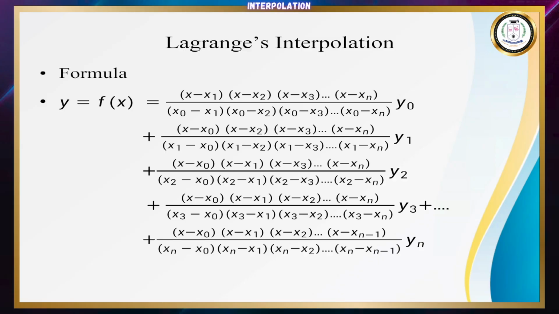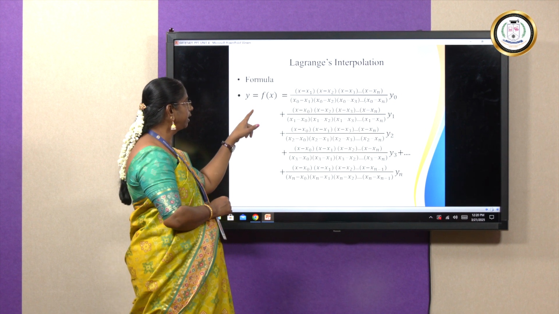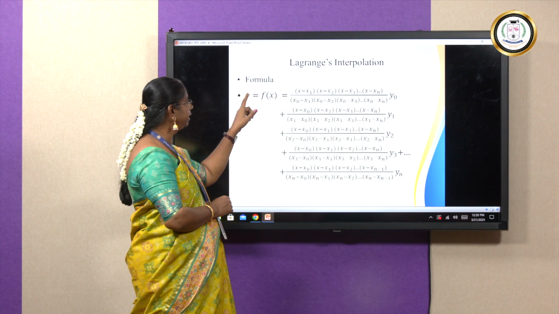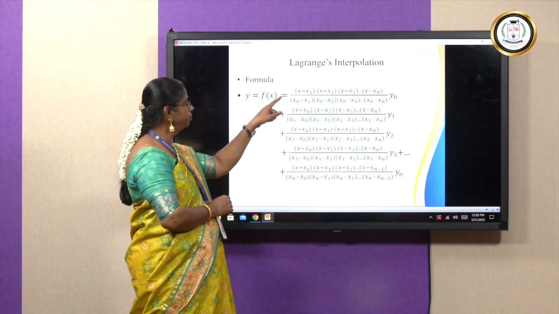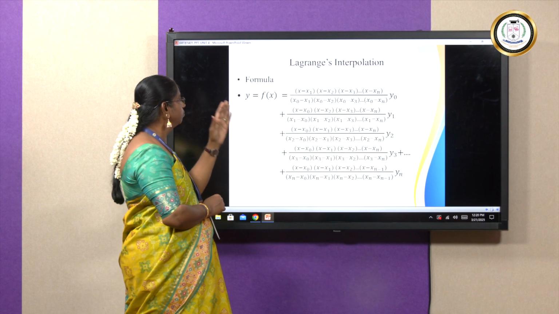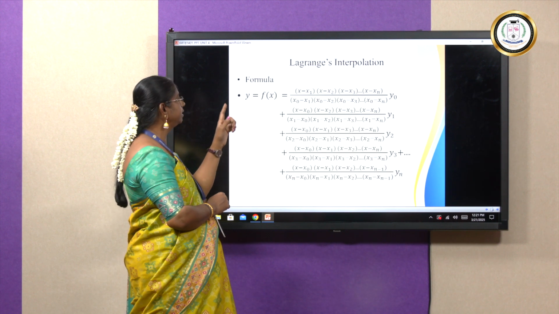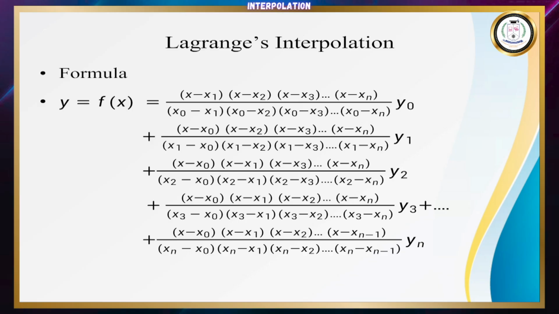That is Lagrange's interpolation formula. Y is equal to f of x, that's equal to x minus x1. For the first term, I'm not writing x0, so I am writing from x1, x2, x3 until xn. So the numerator of the first term is x minus x1, x minus x2, x minus x3 till x minus xn.